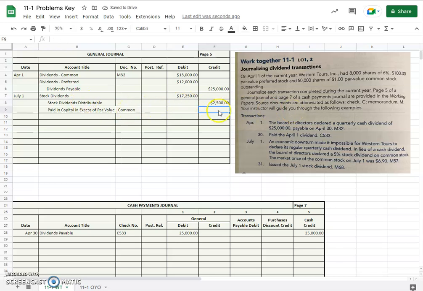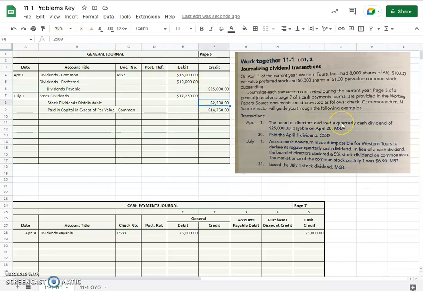And that was for your common stock. Now the rest of it, whatever goes to the paid in capital in excess of par value, will just be a subtraction. Right. So again, this 2,500, it's $1 times 2,500 shares we figured right here, the 50,000 times 0.05.